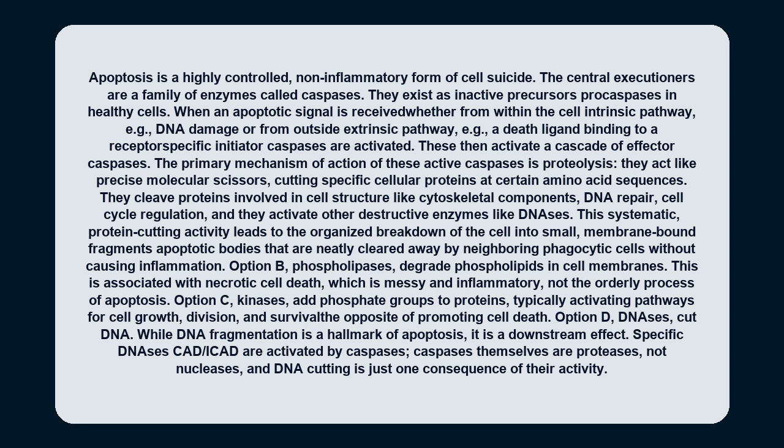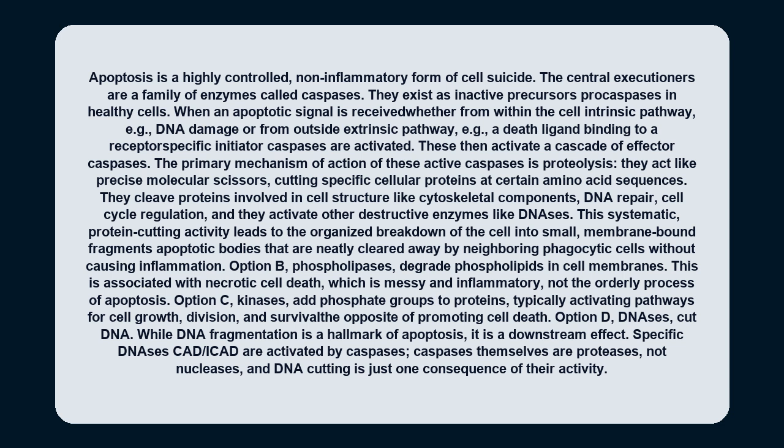Option B, phospholipids, degrade phospholipids in cell membranes. This is associated with necrotic cell death, which is messy and inflammatory, not the orderly process of apoptosis. Option C, kinases, add phosphate groups to proteins, typically activating pathways for cell growth, division, and survival, the opposite of promoting cell death.